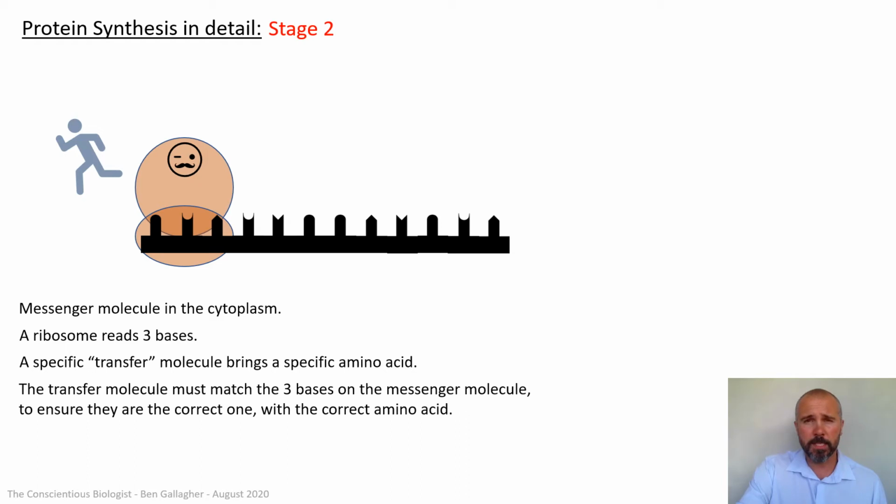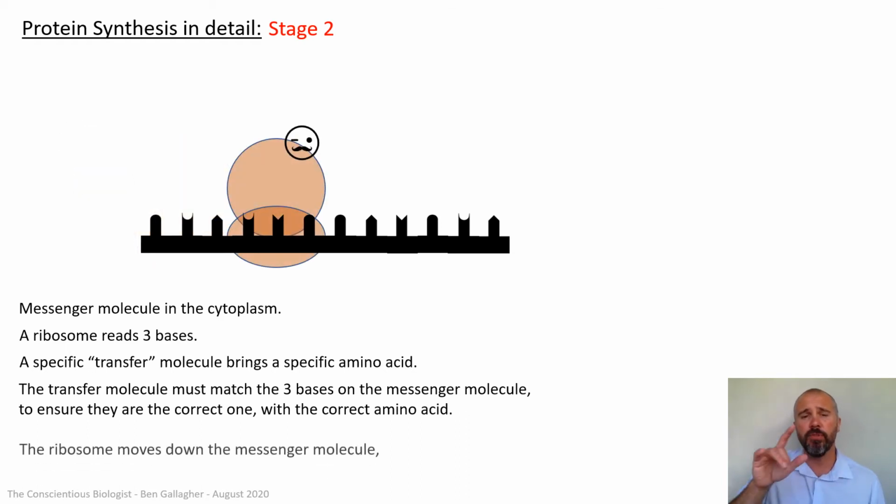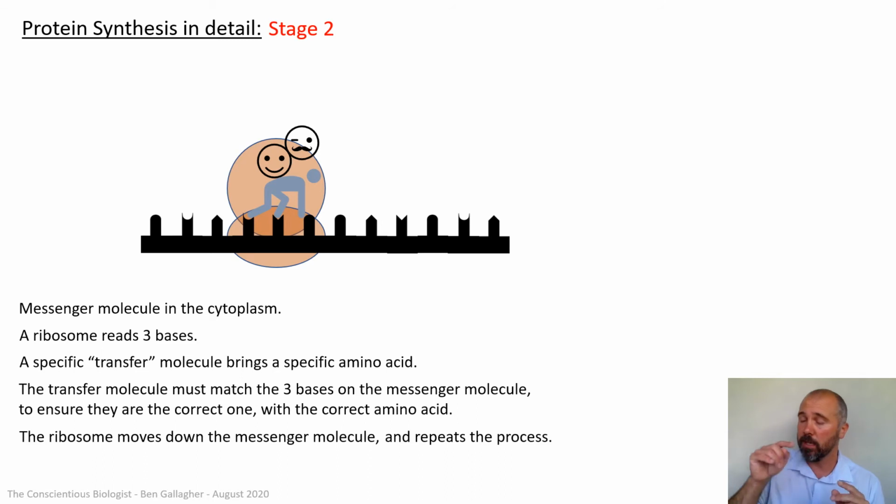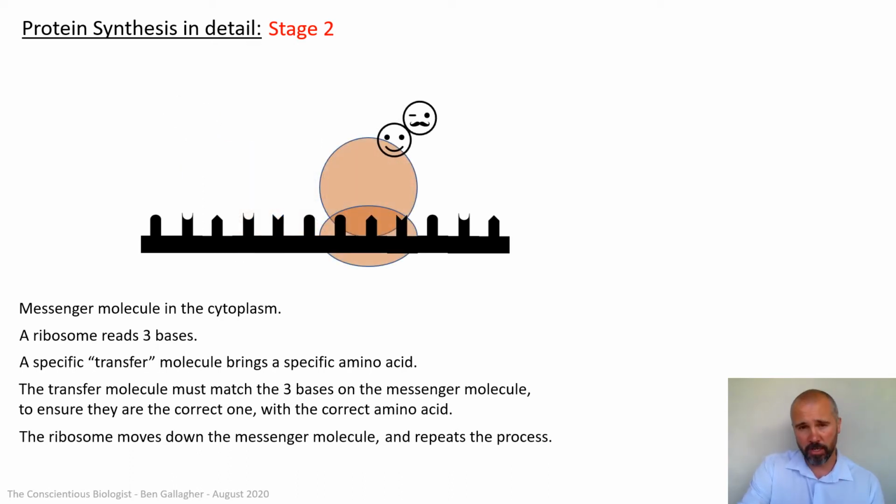Now what happens? The ribosome's got its first amino acid, so it can move down onto the next triplet, the next 3 bases. A new transfer molecule bringing the amino acid that corresponds to those 3 bases can come along, and then it'll head off and find a replacement for the one it's just donated. And then the ribosome moves down to the next 3. You should be seeing what's going on now.